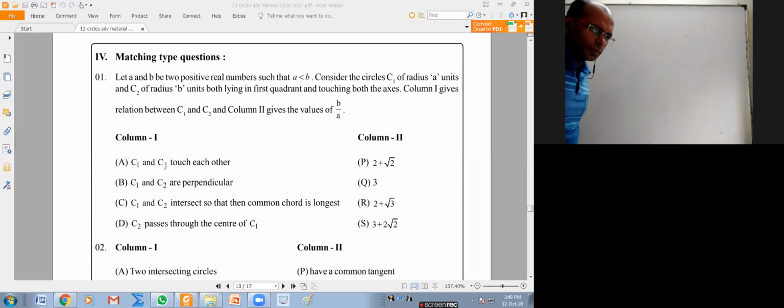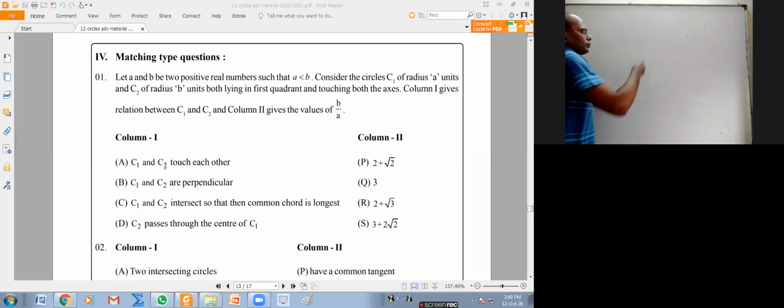Okay, let A and B be two positive real numbers such that A is less than B. Consider C1 and C2 touching each other.